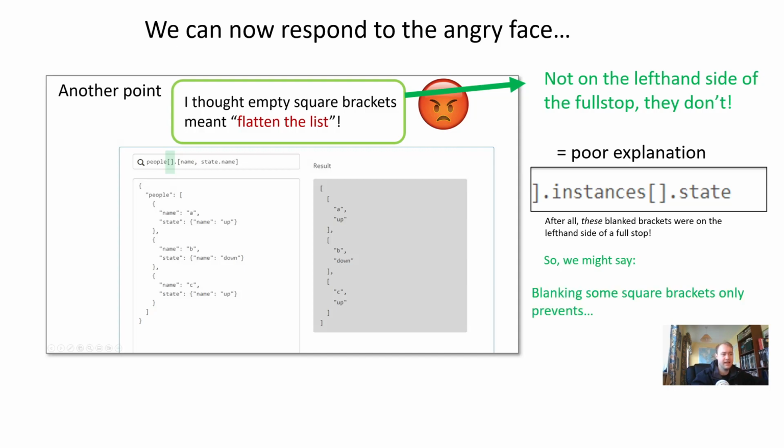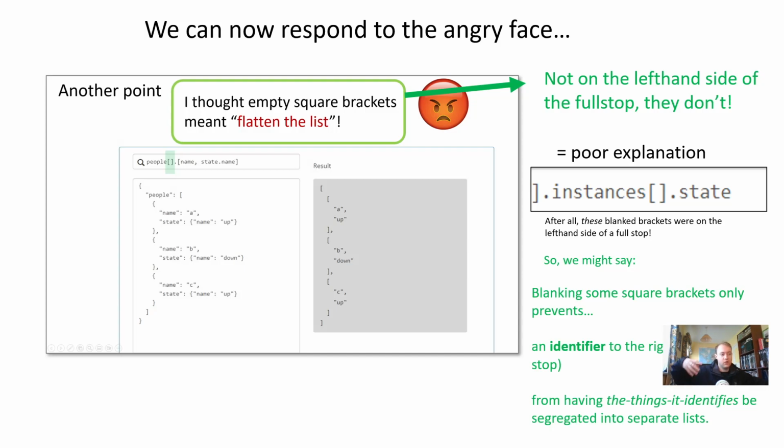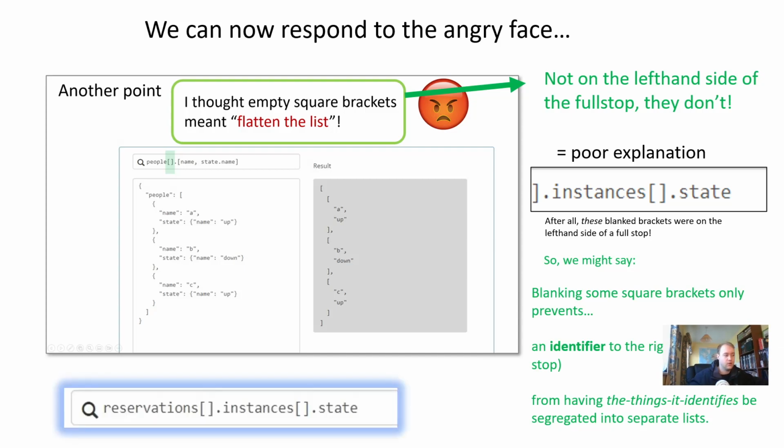So we might say blanking square brackets only prevents an identifier to the right of it from having the things that it identifies being segregated into separate lists. So if we blank out instances, it prevents this identifier from having the things it identifies go into separate lists. And that's actually a good explanation for why blanking these square brackets didn't work.